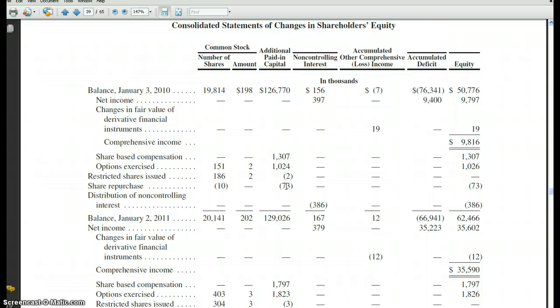The reason it's not on the balance sheet, I would guess, I could dig into the notes and find out, but I would guess is that they repurchased those shares and then they issued them as part of restricted shares or as part of an employee purchase program or something like that. So that's why we're not seeing them on the face of the balance sheet. But yes, they do have some share repurchase, so they have had some treasury stock in the last year.